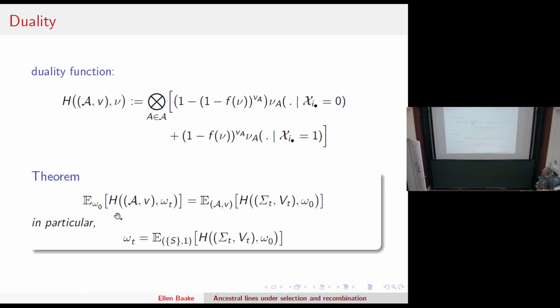And this now allows me to write down the duality function, H, applied to partition A, weight vector v, and probability measure μ. And that does the following.